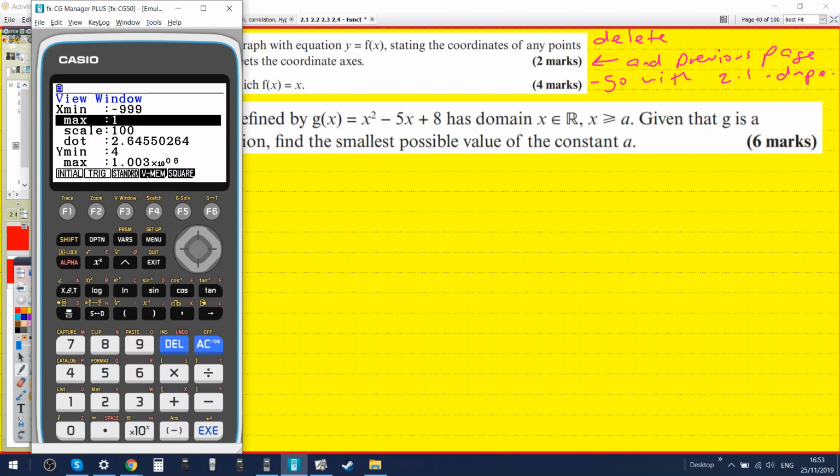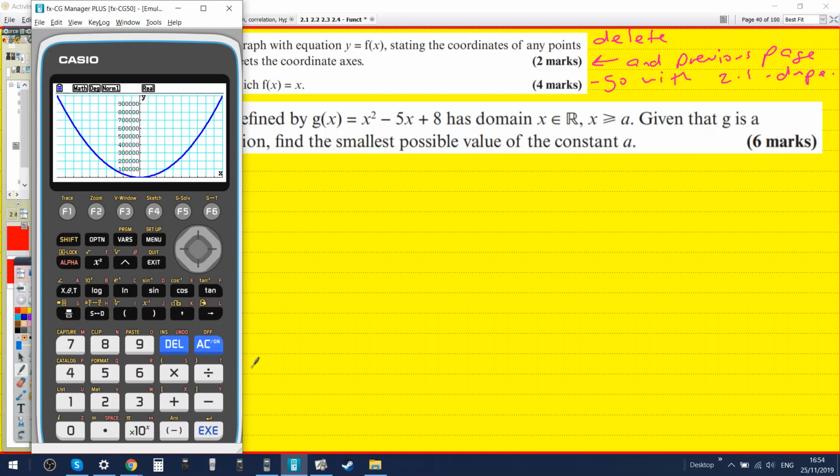So it would have a y-intercept of 8. Okay. So it's y-intercept of 8. And what about its minimum?